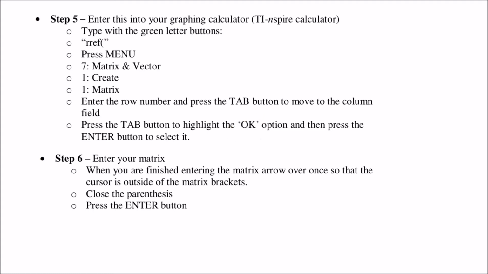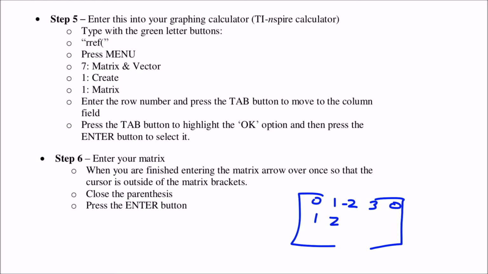You're going to select OK and hit enter, and then you're going to enter all of those numbers that I underlined into the grid. After you've done that, you're going to arrow over so that the cursor on your calculator screen is outside of the matrix brackets. A matrix is written like this, where you have all of your numbers in there, whatever they happen to be.